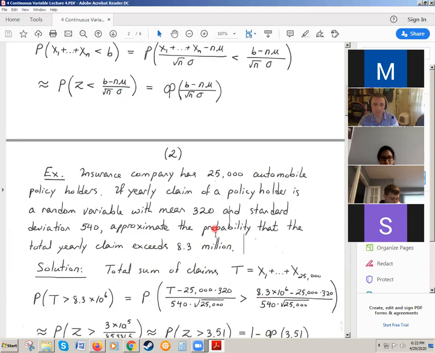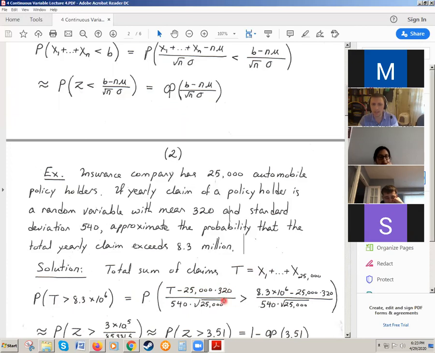So this is what you do. You simply want to estimate the probability that the total is more than 8.3 million. And what do you do? From there, you need to subtract the expected value of T. That's the average, right? It's 25,000 times the expected value of x1, which is 320.